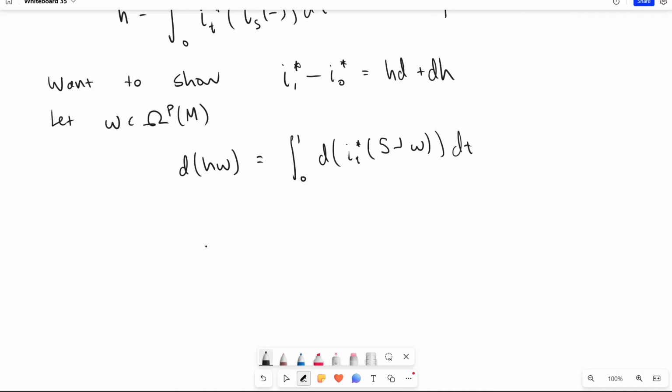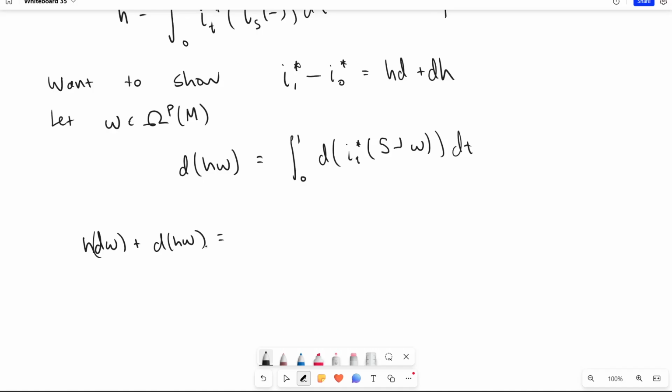So the thing that we're trying to eventually compute is h of d omega plus d of h omega. We figured out what d of h omega is, and then h is just in this definition above.